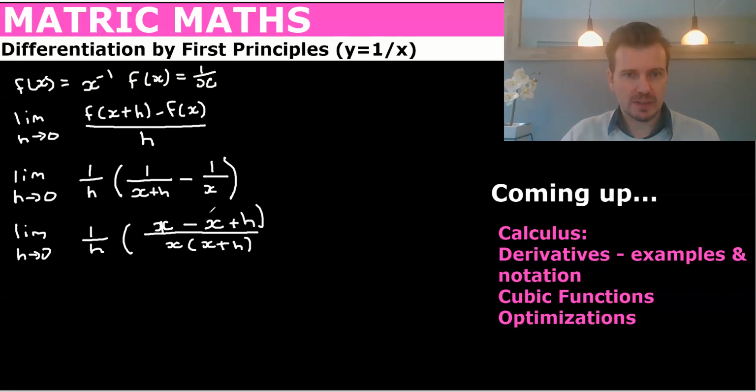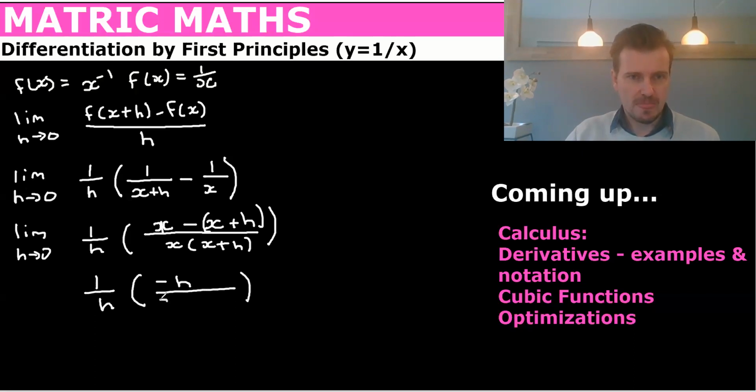So we're going to do it like that. Okay, now the next step we're going to do is we can simplify this. So we can have 1 over h, and then the x's go away, and we end up with minus h over, and let's times this out, x squared plus xh, limit as h tends to 0.